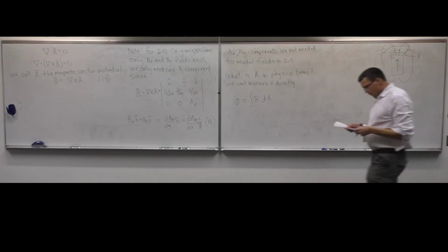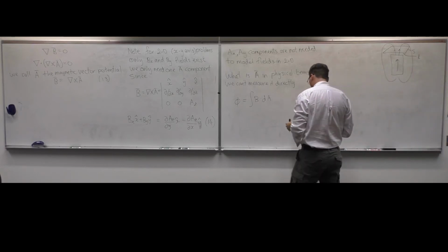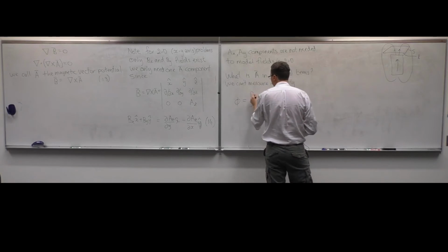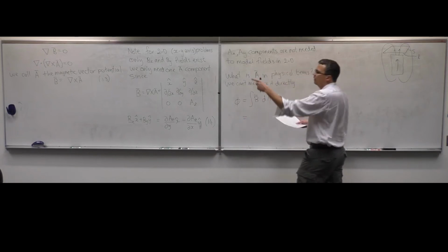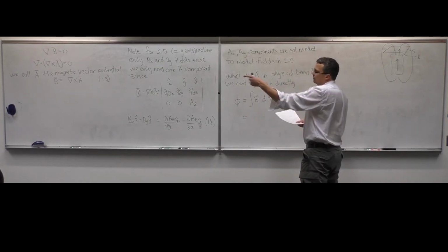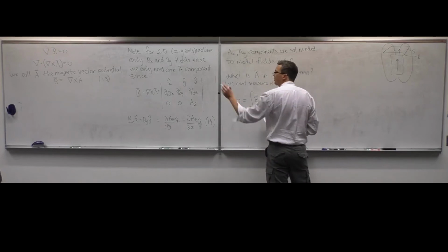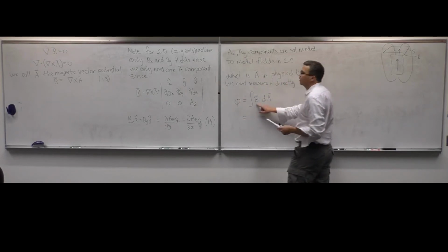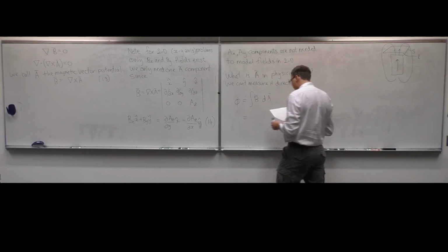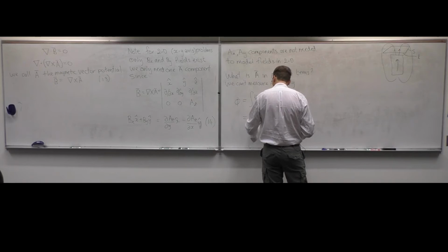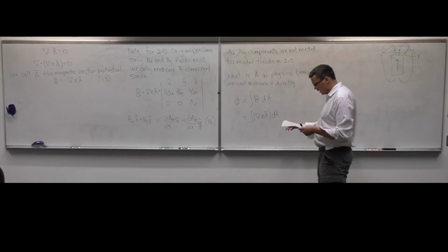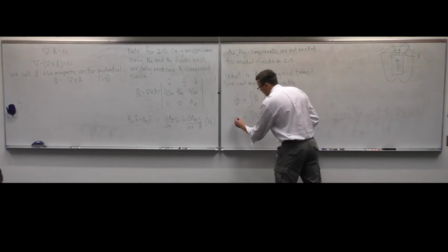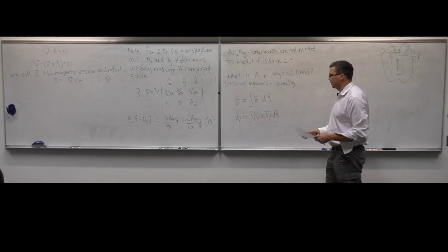Okay, so now we know that B is related to A by del cross A is equal to B. So let's substitute that into the flux equation here. So then we have del cross A, like that. Now we can actually use Stokes' theorem.